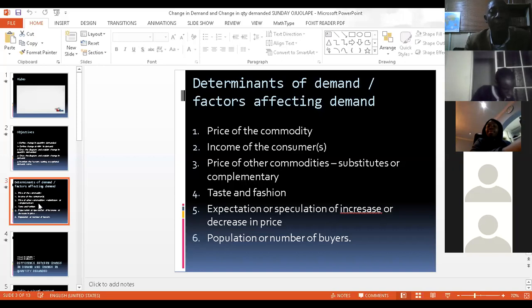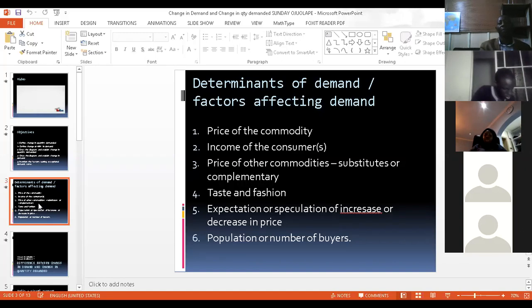Now we have two different ways of looking at the price of other commodities. We have substitutes or complementary. When we talk about substitutes, we're talking about goods that can be bought in place of the one whose price has gone up or gone down.